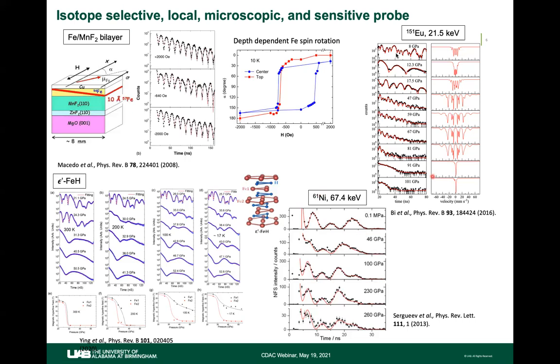And then, of course, a few years ago, I did the study of europium magnetism under pressure. This data was taken at around 11 Kelvin, and we saw a collapse of magnetism above 84 GPa, and that coincided with the appearance of superconductivity.